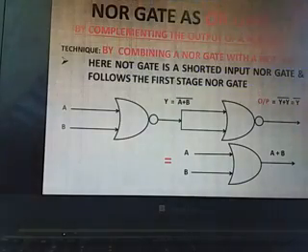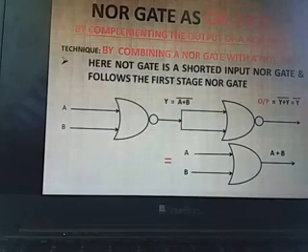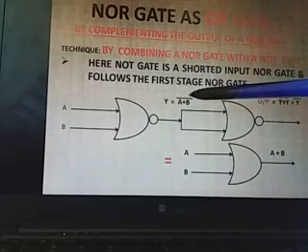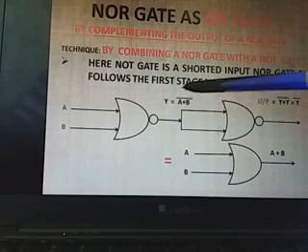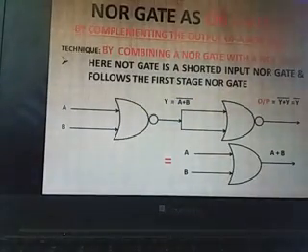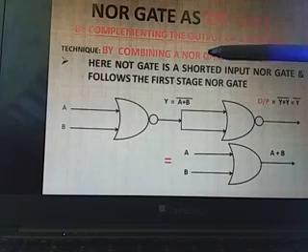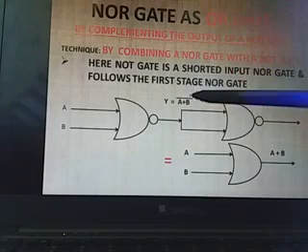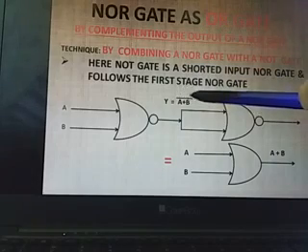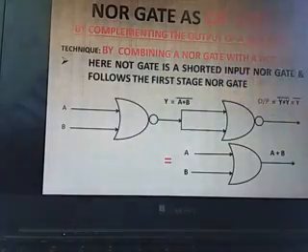In order to get OR gate behavior from a NOR gate, our output should be, instead of complement of A plus B, simply A plus B, the sum of the inputs. That is exactly what an OR gate provides to us. So what to do? The technique is that we have to complement again the output which we have received at the first level over here.